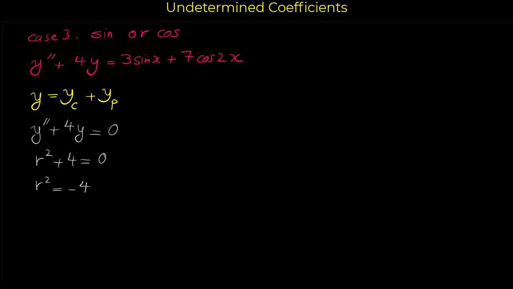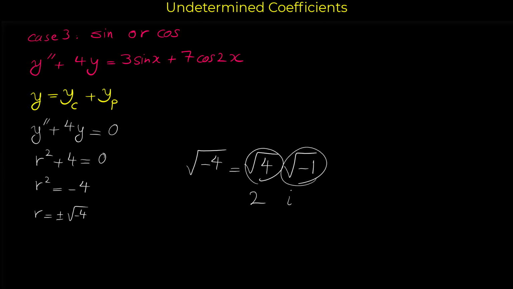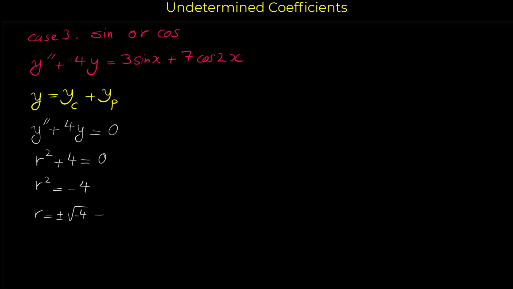If we take a square root, r is plus minus the square root of negative 4. Note that the square root of negative 4 is the square root of 4 times the square root of negative 1. The square root of 4 is 2 and the square root of negative 1 is i. So this equals plus minus 2i.